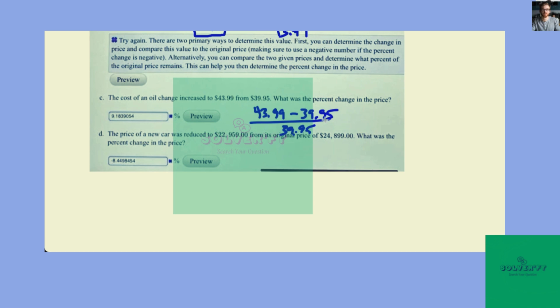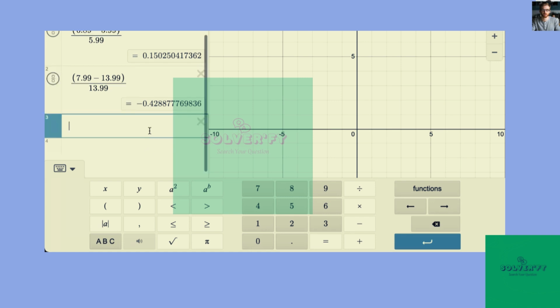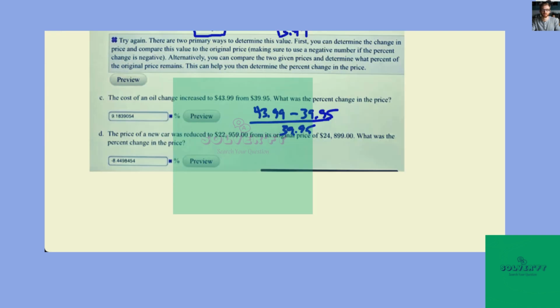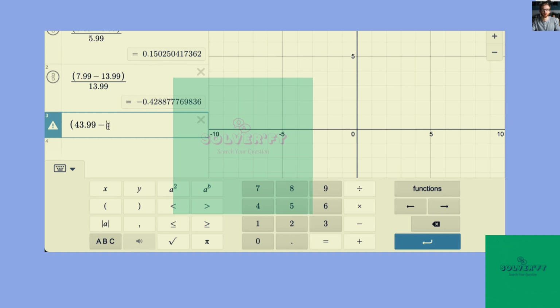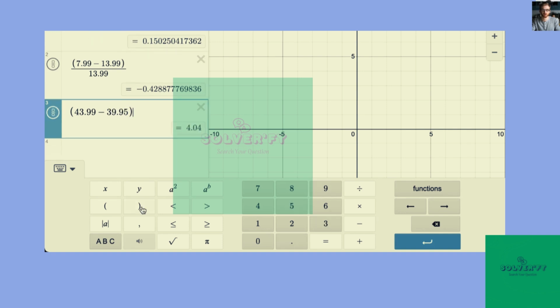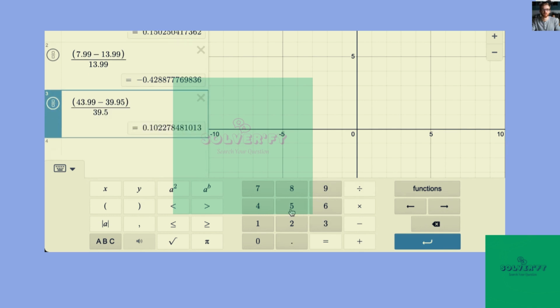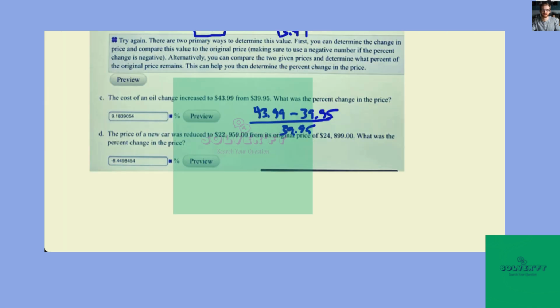And so 43.99 minus 39.95, compared to 39.95, is 0.101, so about 10.1%. If it's to the nearest percent, I would say 10.